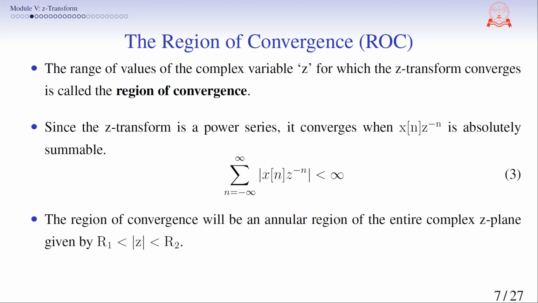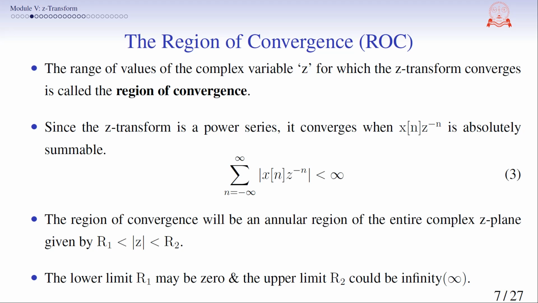The region of convergence will be an annular region of the entire complex z plane given by r1 less than mod z less than r2. The lower limit r1 can be 0 and the upper limit r2 could possibly be infinity.